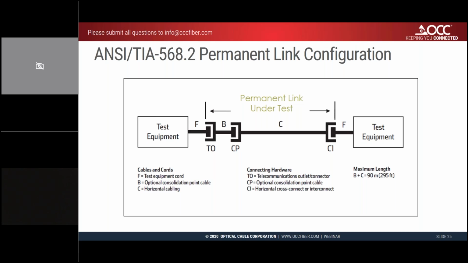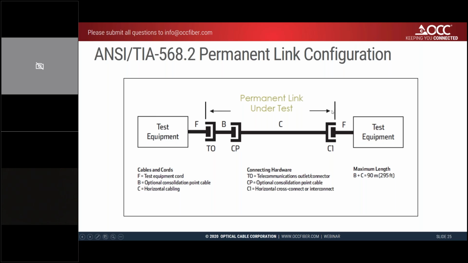So if we want to talk about this, the first thing we need to do is look at what standard link and channel configurations actually look like. So let's look at this permanent link configuration. This is right out of the 568.2 standard. The important thing here is where it says permanent link under test, and you see those arrows are pointing to these lines.